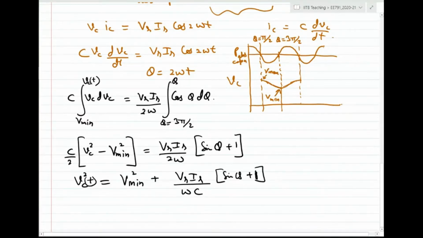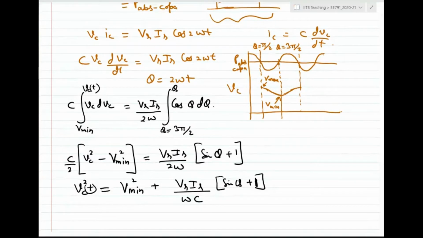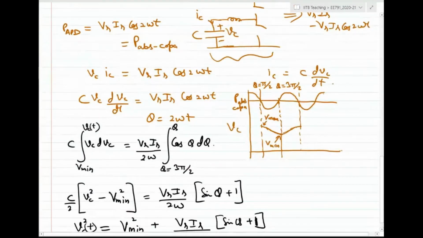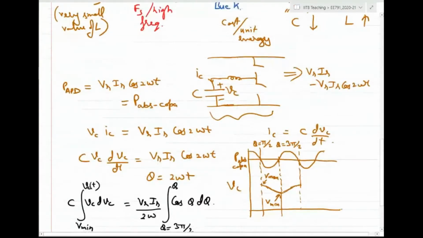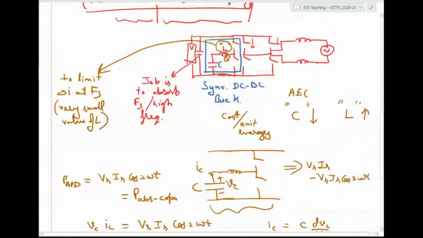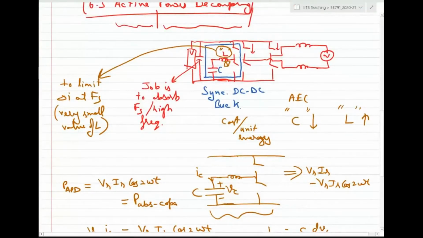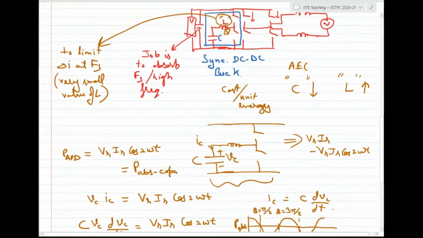This equation tells us that if this active power decoupling circuit has to replace the actual capacitor, the voltage of its capacitor should follow equation number 1. If the capacitor voltage follows this equation, then we can perfectly decouple the power. That means this active power circuit will behave as a huge capacitor. It will absorb all the ripple power, and thus the panel will see no voltage oscillations, no low frequency oscillations across its terminal.